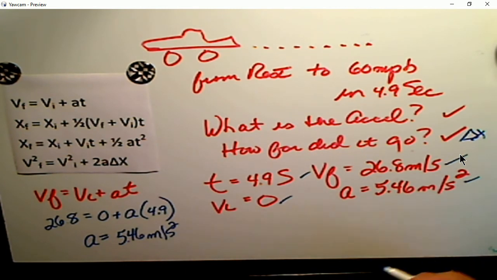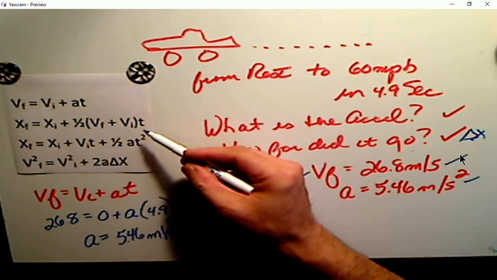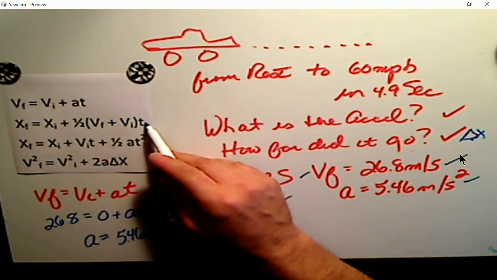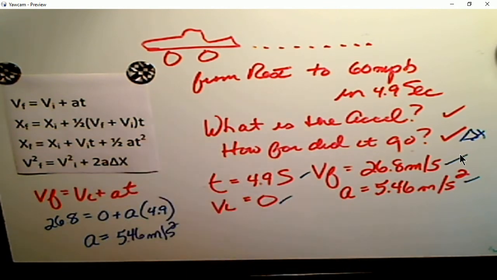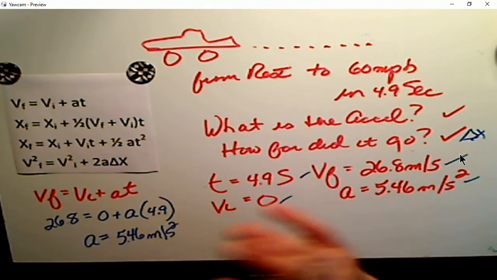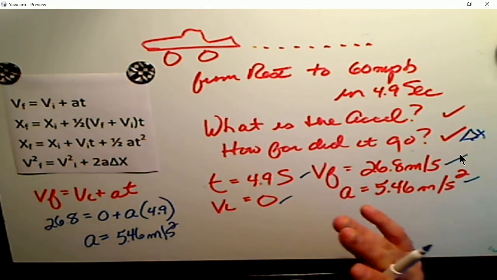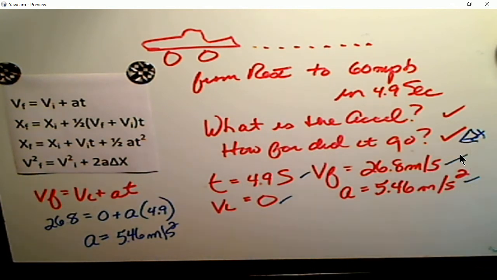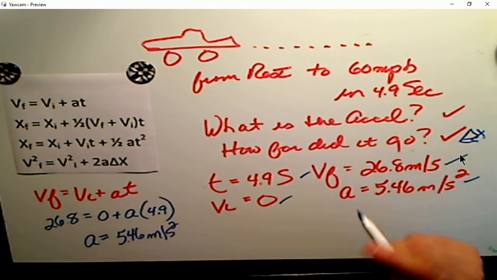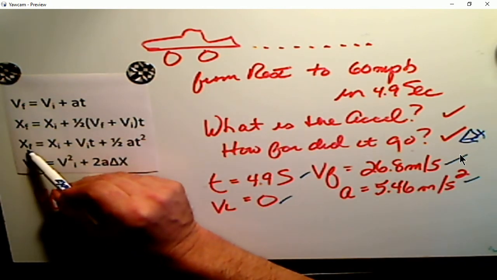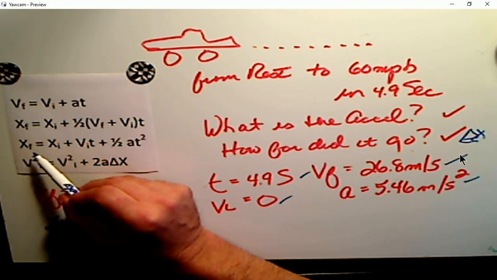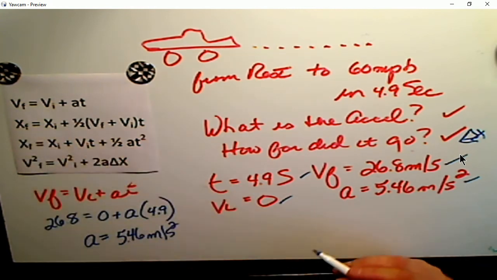Well, looking at these equations, I could use the second equation, or I could use the third, or the fourth. Any one of them I would use to solve for that change of x. I could put this over here, x final minus x initial, and that is a change of x. I'm going to use the fourth one here.